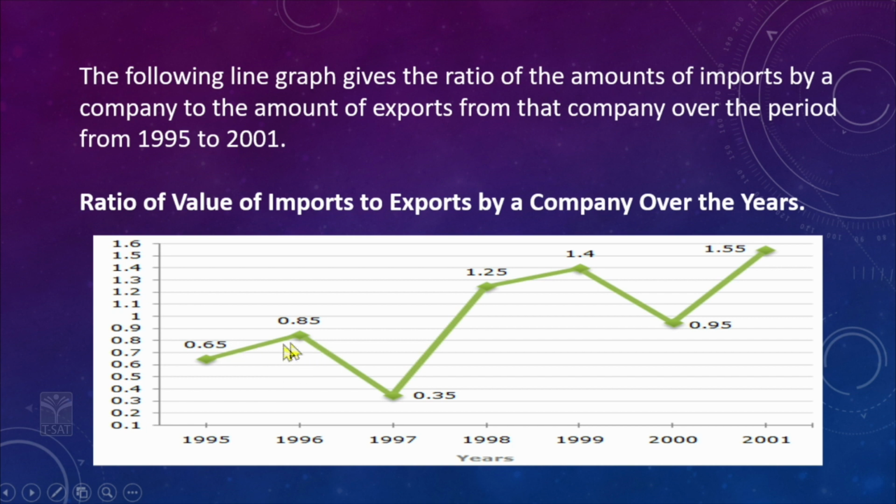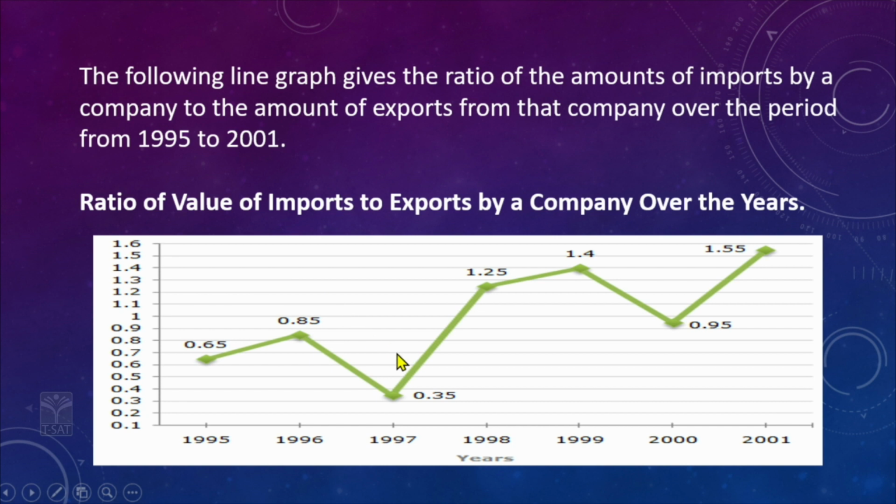The ratio increased in the year 2001 to 1.55, which means imports are more than exports in 2001. But in 1997, the imports are less than the exports, because it is 0.35, which is less than 1 and very low compared to the others.